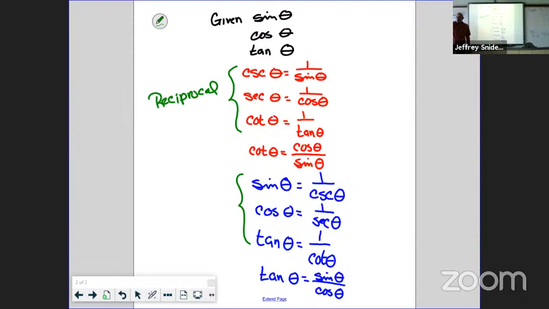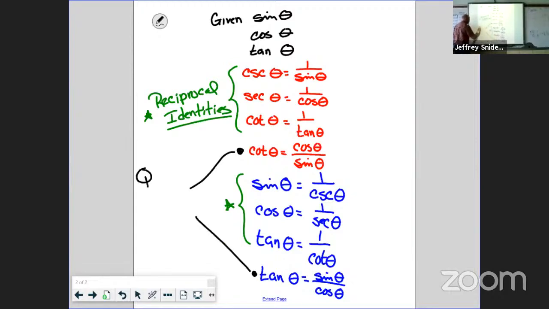To take a fraction and flip it. These are called the reciprocal identities. Okay? This one here and this one here, those are referred to as quotient identities.